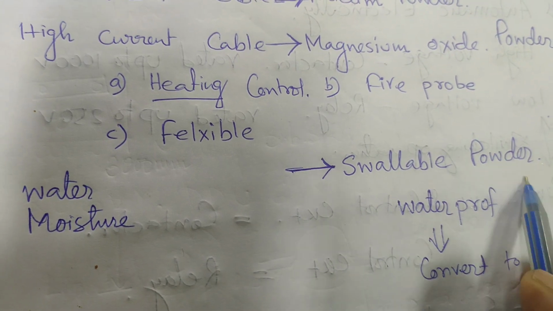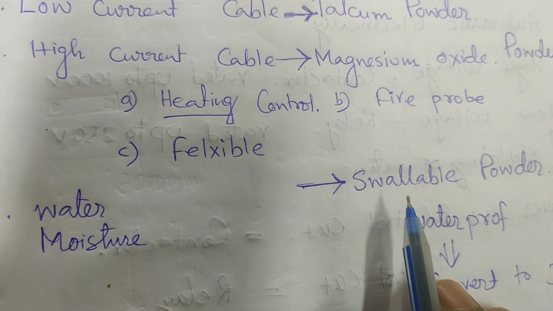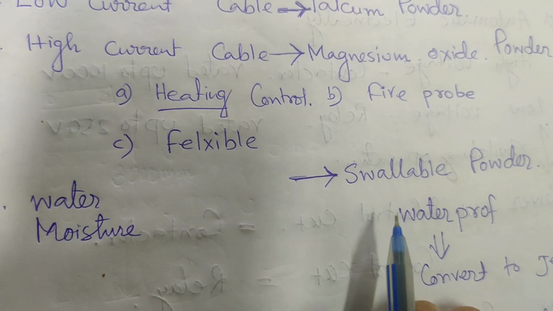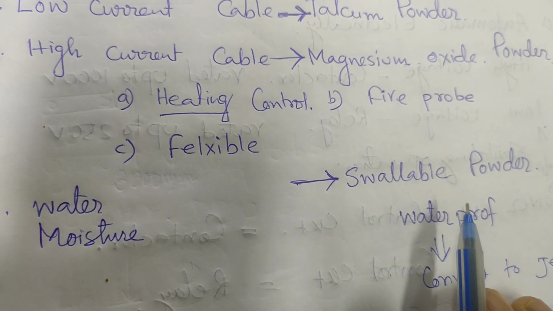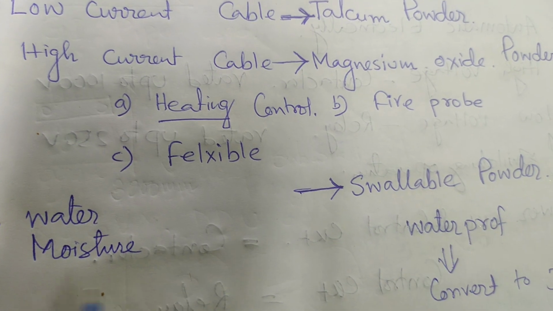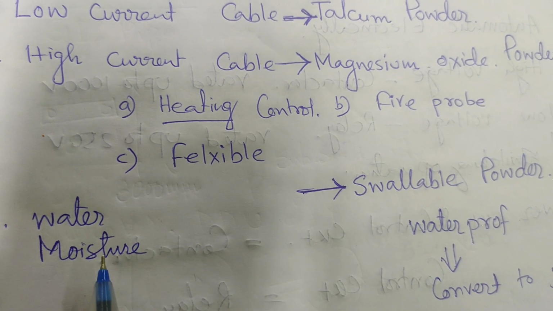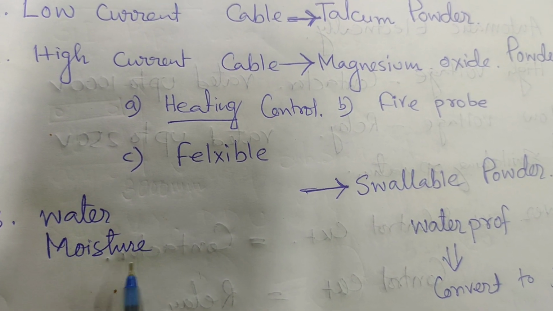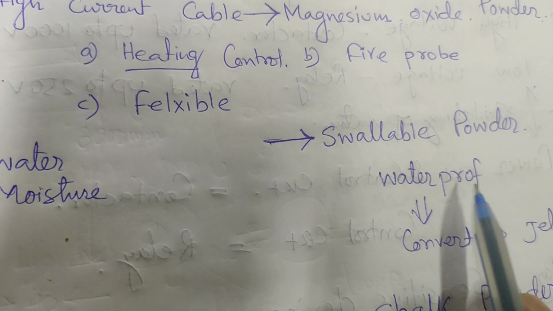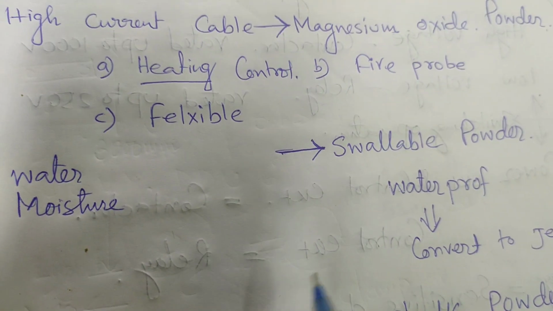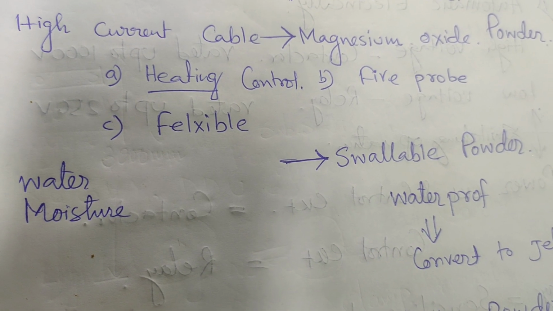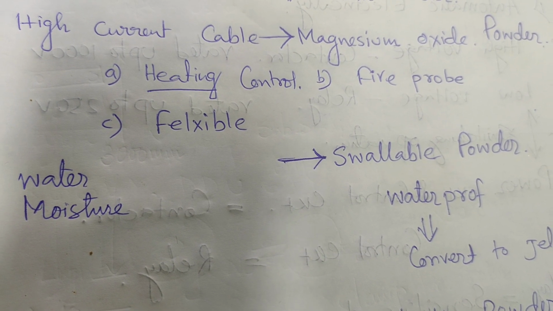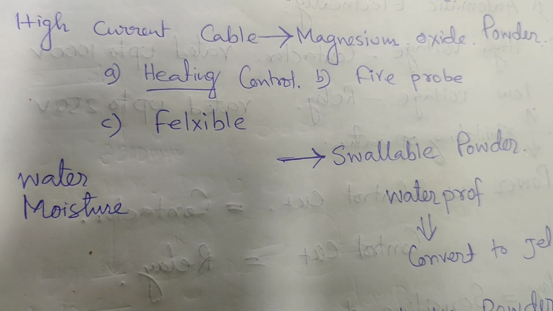So soluble powder cables, that may be control cables or power cables. You should use the soluble powder cable for underwater work or for moist areas. It is waterproof, and when water is absorbed by the soluble powder, the powder is converted to gel.